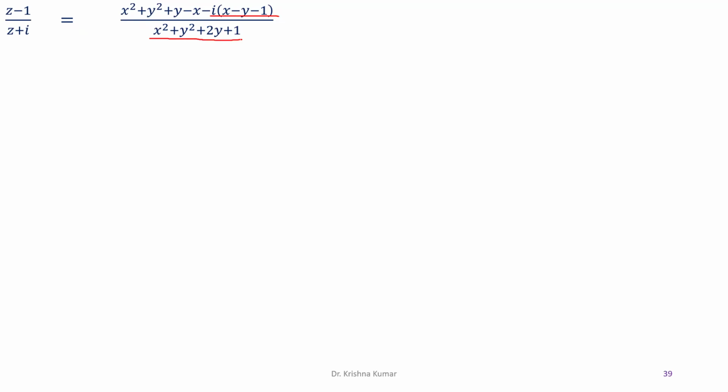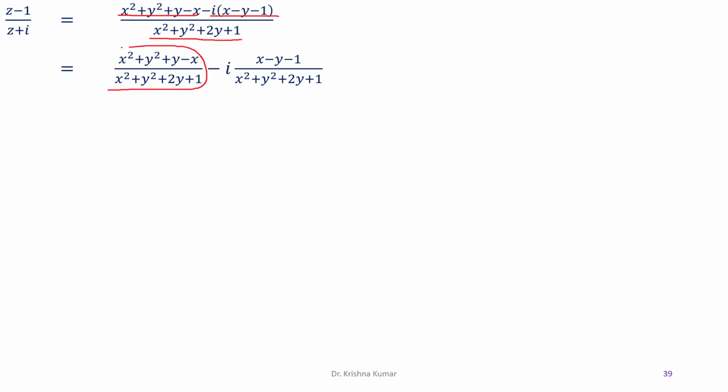Clearly, here we can separate the real and imaginary parts. The real part is (x square plus y square minus x) divided by (x square plus y square plus 2y plus 1). And minus of i times (x minus y minus 1) upon (x square plus y square plus 2y plus 1) is the imaginary part.